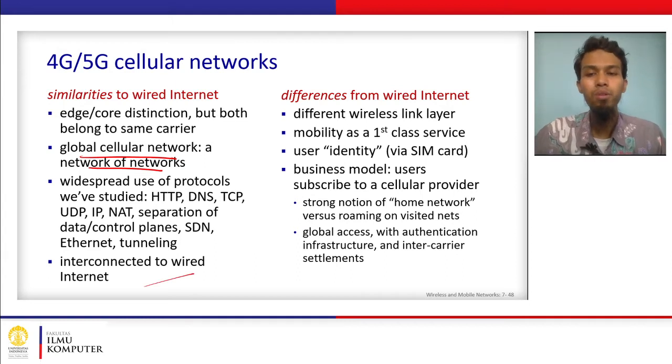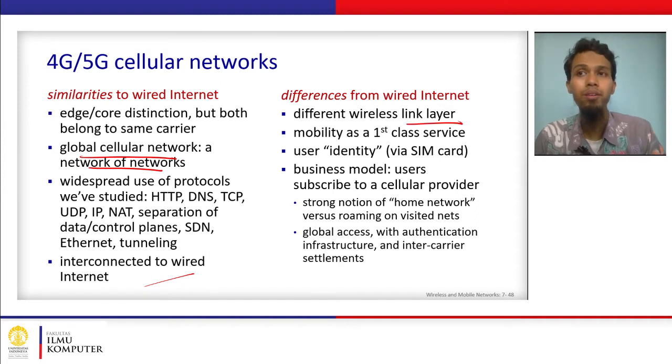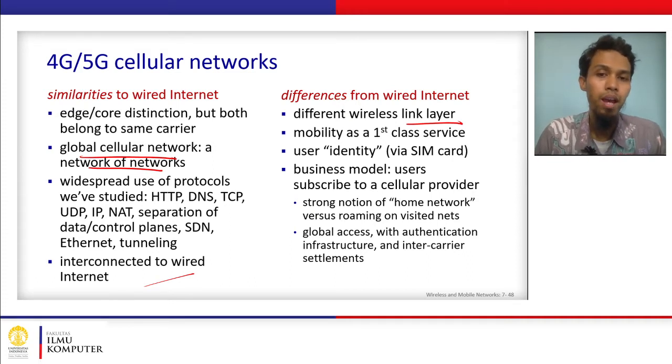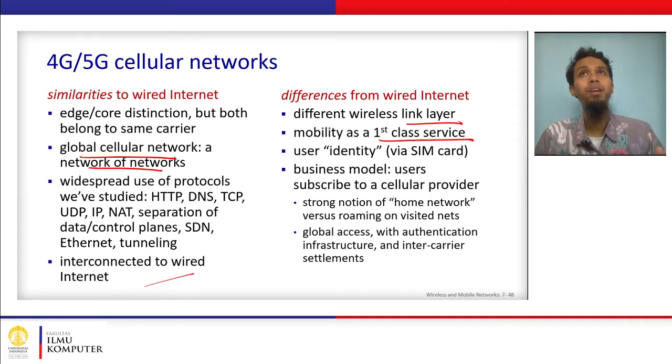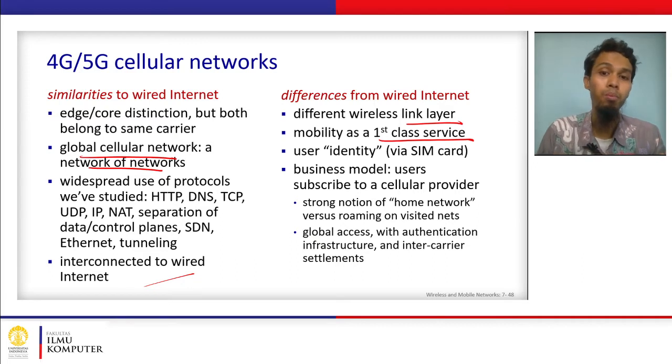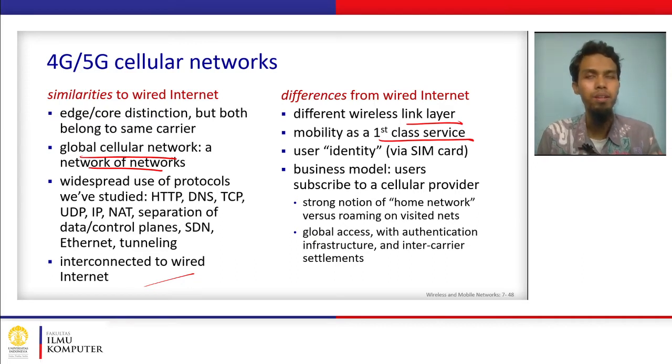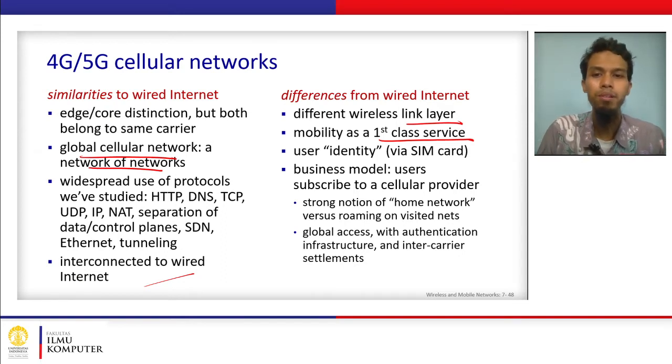Now the differences from wired networks. Of course, the link layer is different because now we are using a wireless link, and mobility is a first-class service, unlike in wired networks, which do not support mobility. In 4G, 5G, or cellular networks in general, mobility is the most important part.